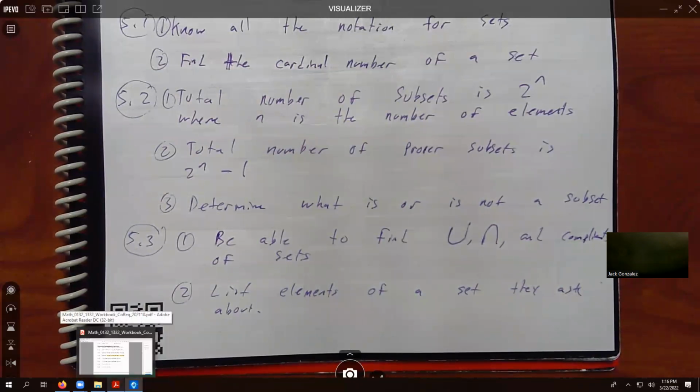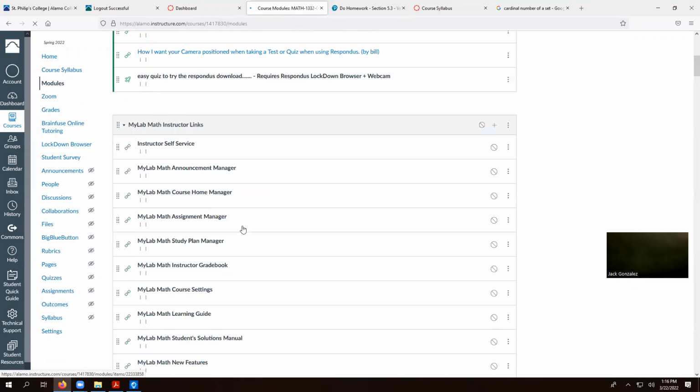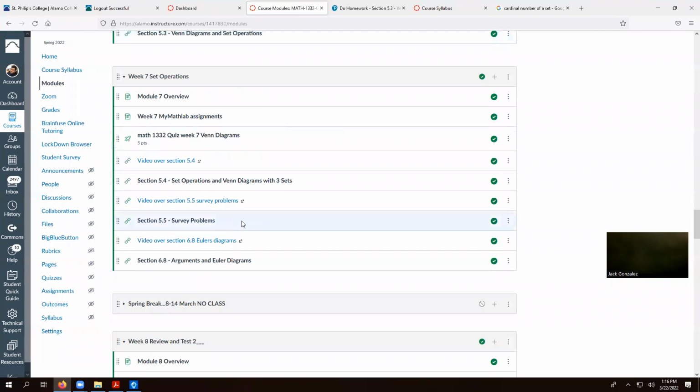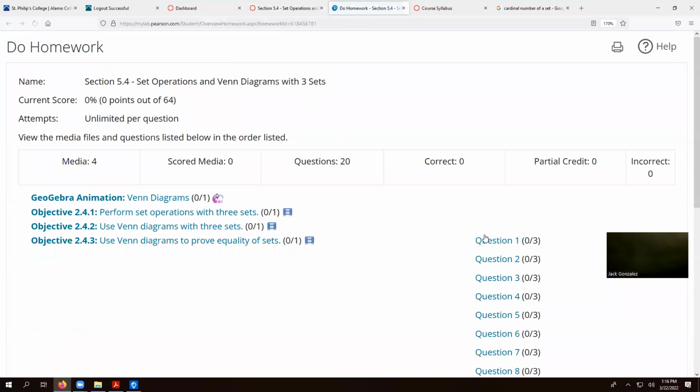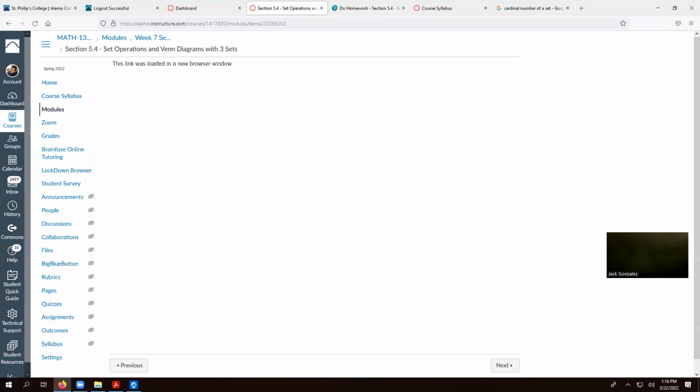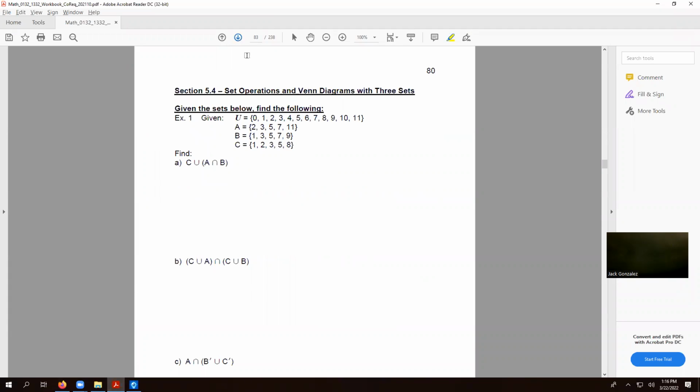So 5-4 was with the more complex intersections and complements operations, and then they had the diagrams that are more difficult. So you're going to have questions like this.